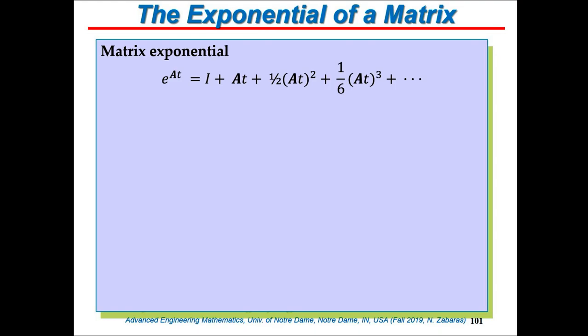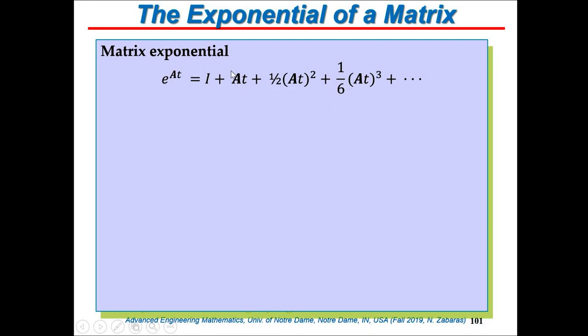By the way, if you have other convergent expansions, you can also define other functions of A using convergent series, so you can come up with interesting functions of a matrix A, similar to the exponential.